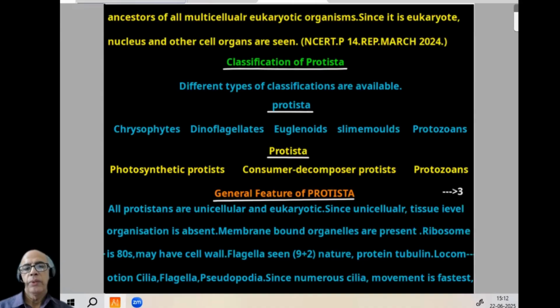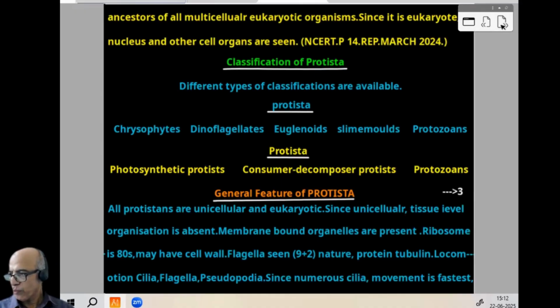Flagella seen with 9+2 arrangement, protein tubulin, eukaryote. Locomotion is by cilia, flagella, pseudopodia, and based on these locomotory structures, classification is made by different scientists. Since numerous cilia are present in ciliates, movement will be fastest due to the large number of cilia.